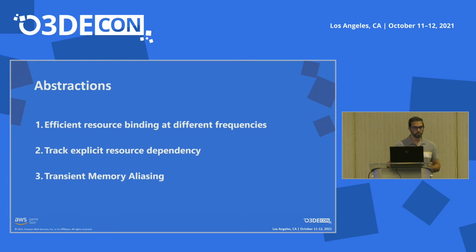Then there's transient memory aliasing. Transient memory is memory that is only active for the current frame, so you can reuse memory that was written by something earlier in the frame. It's essentially a way to conserve GPU memory, and it's critical for that.